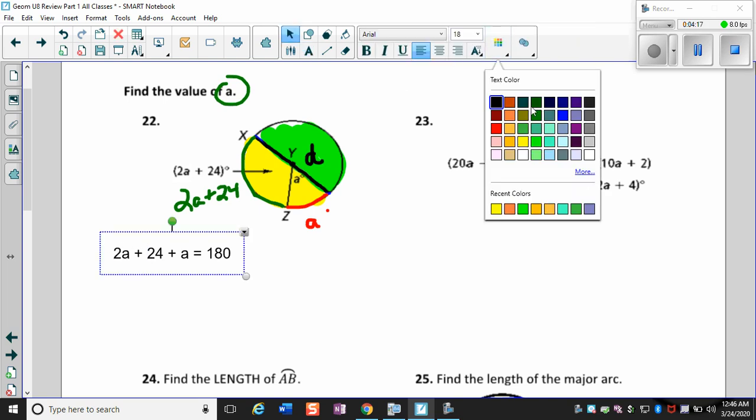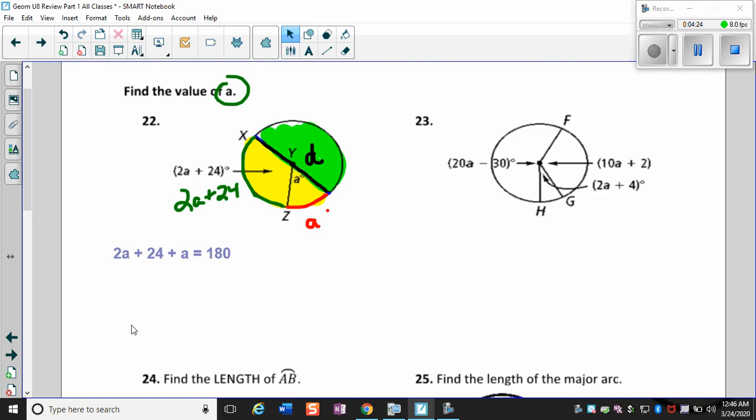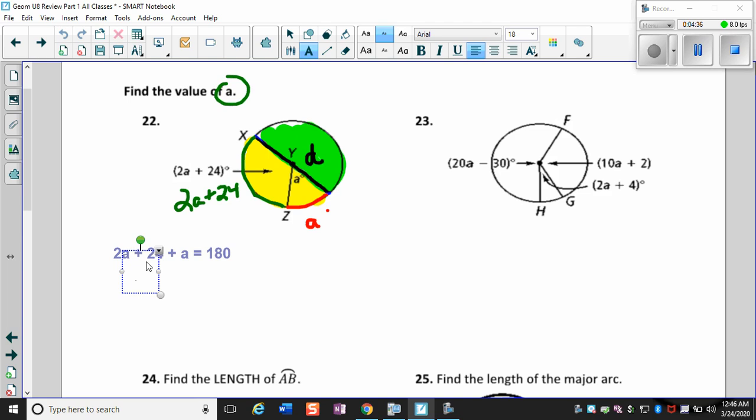Let me change the color of this so it stands out a little more. Now solving this equation, 2A plus 24 plus A equals 180. Let's combine like terms. We get 2A plus A, so that gives me 3A plus 24 equals 180.